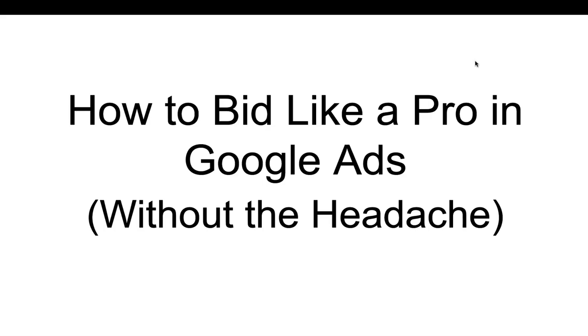But who has the time to manually adjust keyword bids all day, every day? Thankfully, now we have Google Ads automated bidding, and it's here to help you bid like a pro, so you can focus on the big picture of growth instead of micromanaging every campaign detail.